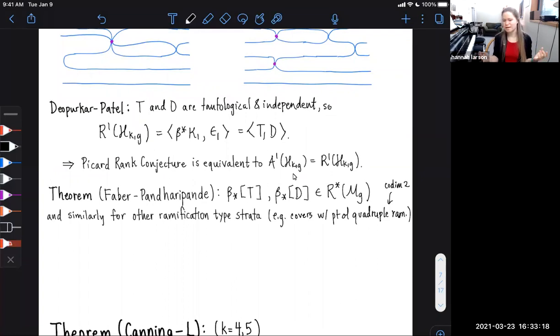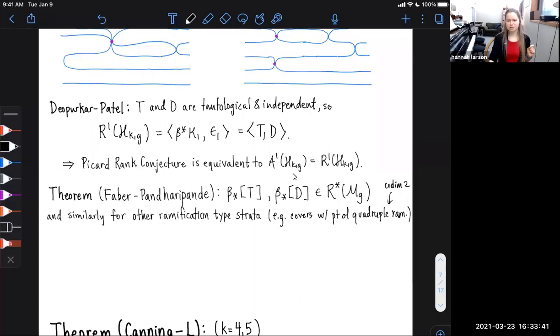But for example, if you just want to intersect T and D, I think you can say that the support of the intersection of these two divisors actually has codimension 2, and you can describe it explicitly in terms of ramification strata. But I think this becomes more complicated in higher codimension.